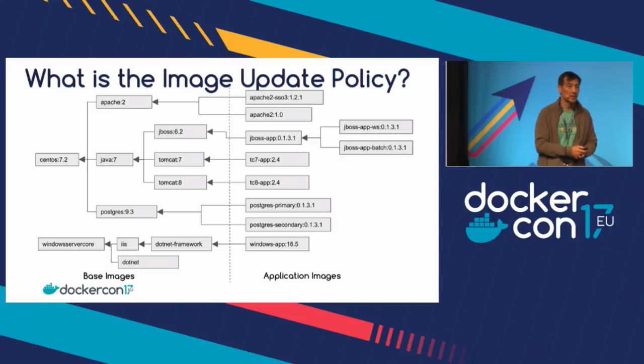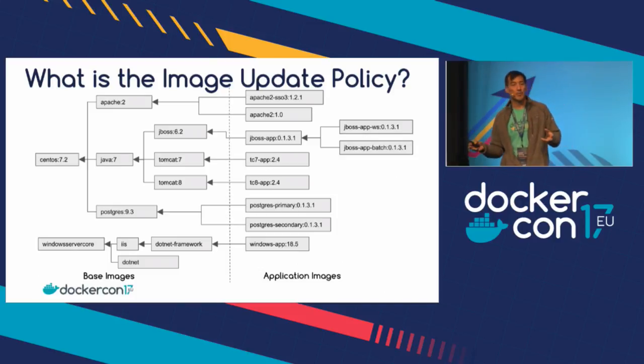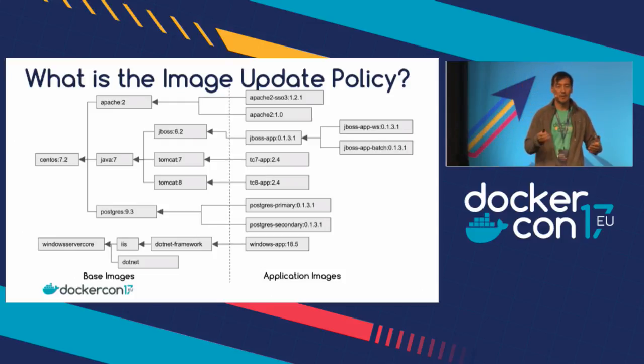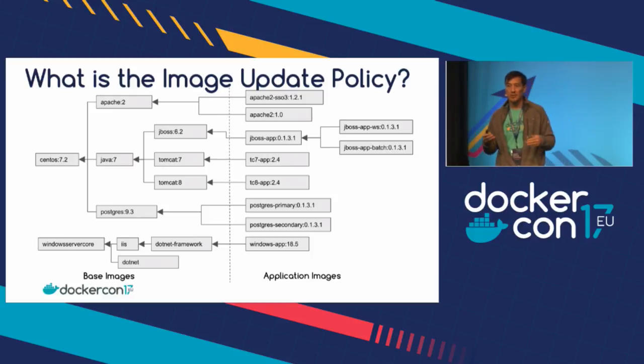Is it mandatory? Do you send out a friendly reminder? Do you give them a certain date by which they have to update? Otherwise that vulnerability goes into their application. These are all questions that you don't want to figure out while you're actually in production. You want to try and discuss these and agree upon something before you're actually in production.